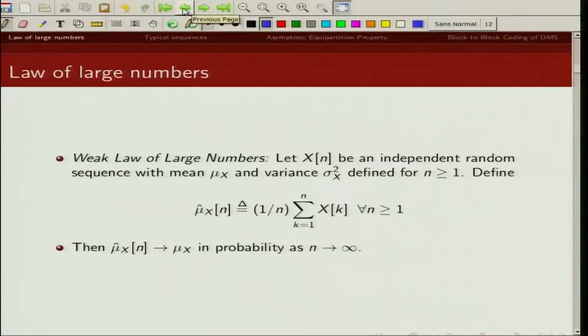Now, weak law of large numbers says this converges to the mean mu_x in probability as n tends to infinity. So, let us first show what we mean by the sample mean converging to the true mean mu_x when n is very large, that is, converging in probability.